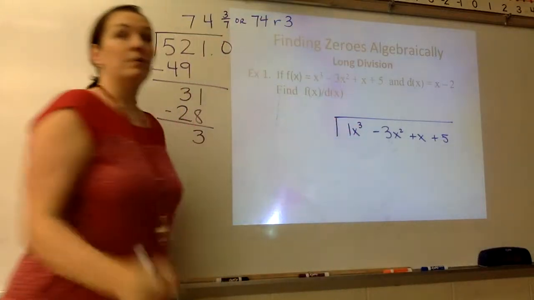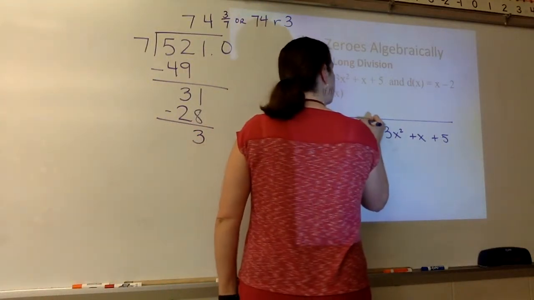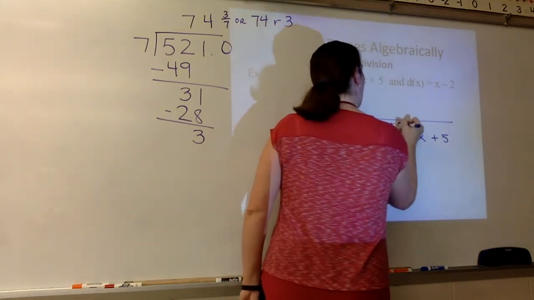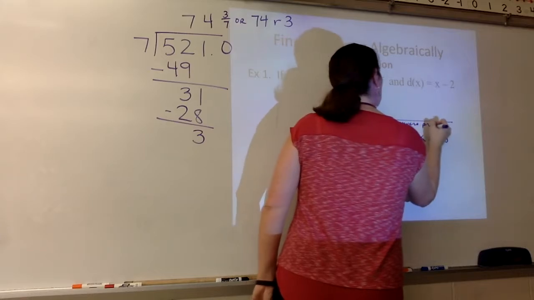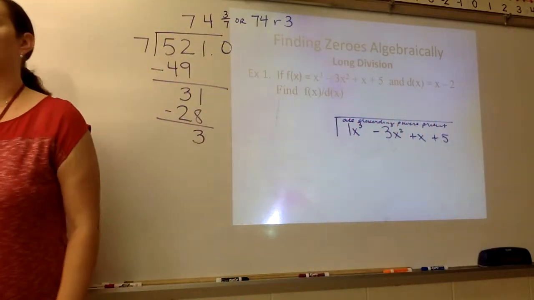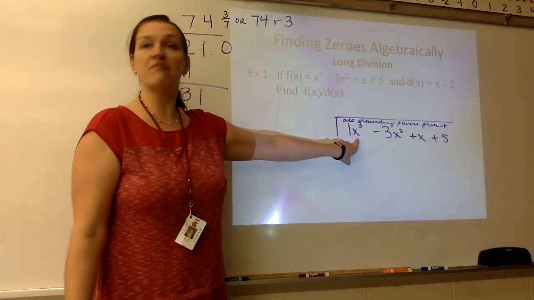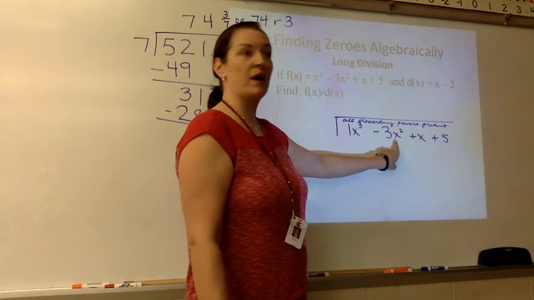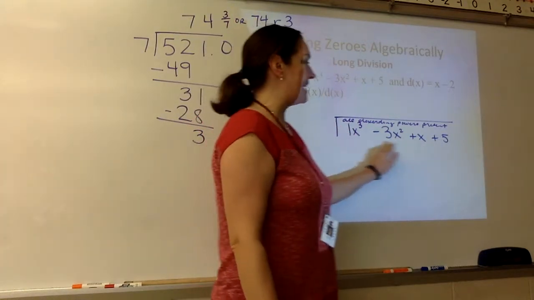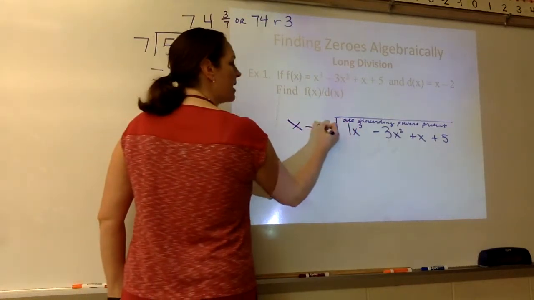Now, please put a note: all descending powers present. That means my highest power of x is 3. I must have placeholders. I must have x squared, I must have x, and I must have a constant. That's true on the inside, and it's also true on the outside, x minus 2.